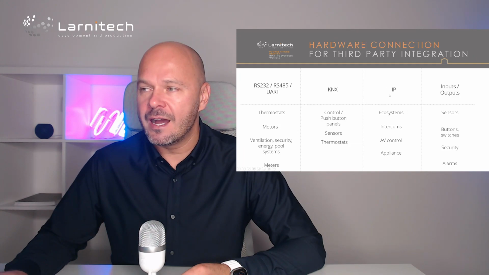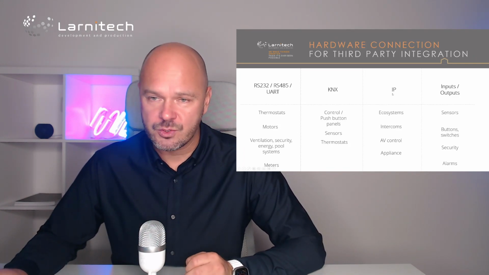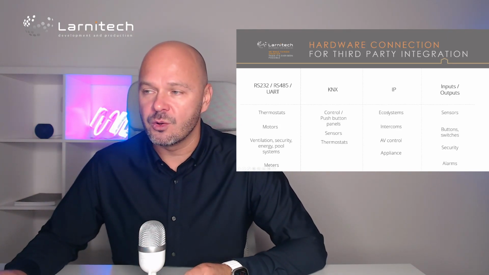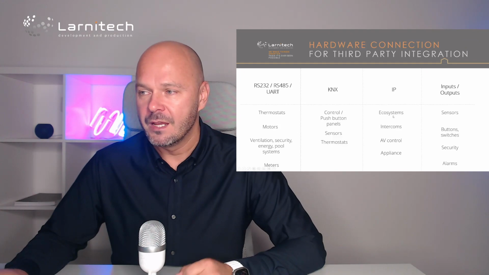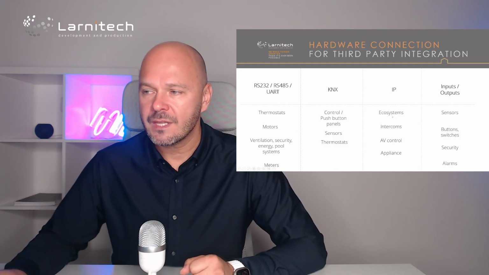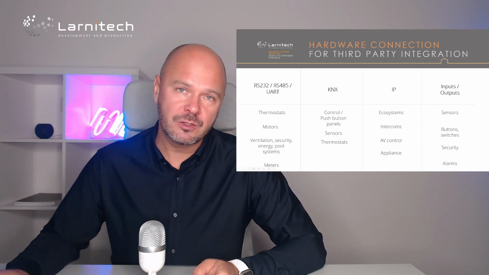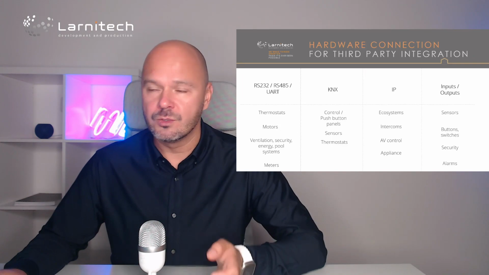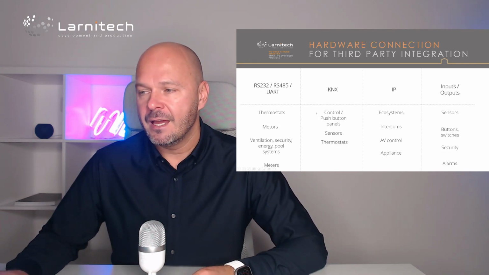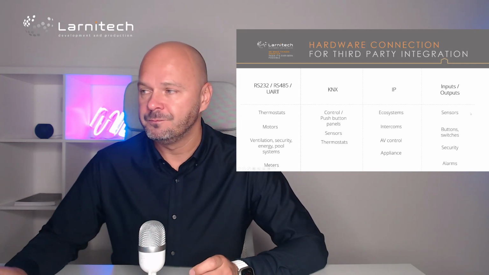And as for IP connection, Internet Protocol connection, it works also for cloud connections, so it goes to ecosystems like Google or Apple or Amazon. And it goes to intercoms sometimes to connect third-party intercoms with SIP protocol to Larnitech. And it uses audio-video control and appliance also.